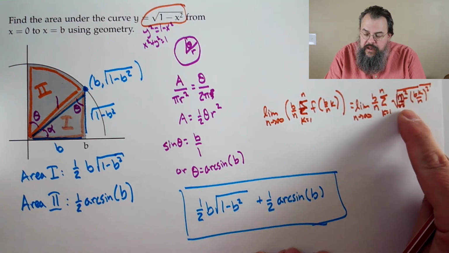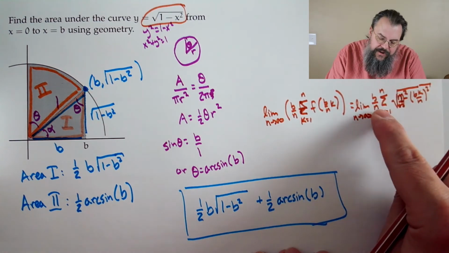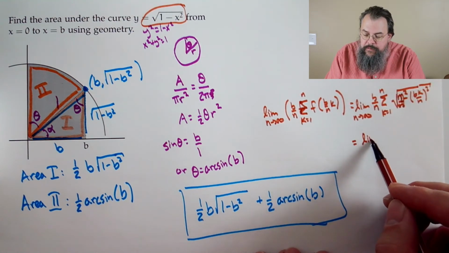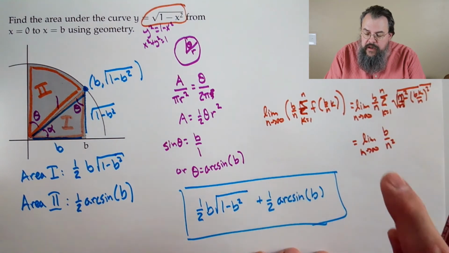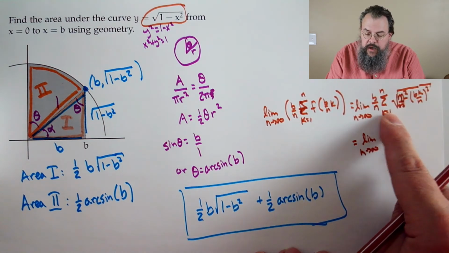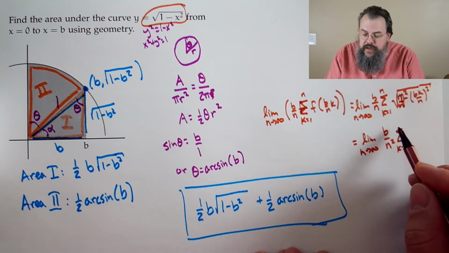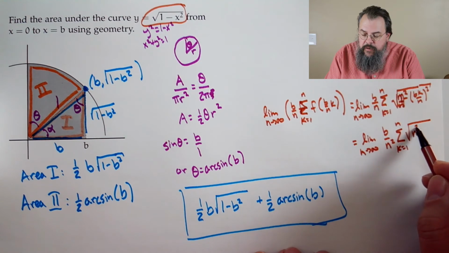And then we could say, okay, then n squared in the denominator, you can pull it out of the square root, pull it all the way out to here, so that we could write this as the limit as n goes to infinity of b over n squared, so that b over n plus an n coming from inside the square root times the sum, k equals 1 to n, of the square root n squared minus b times k squared.